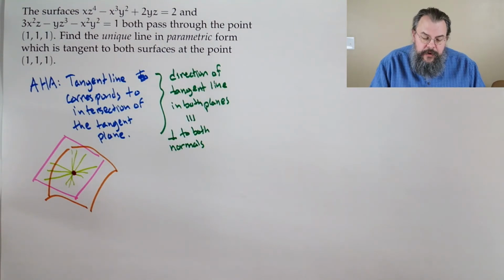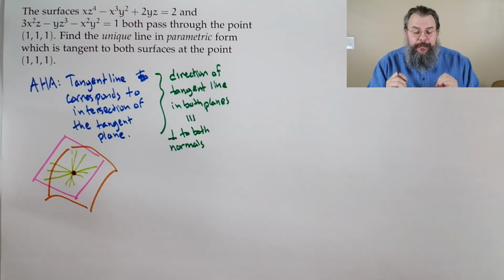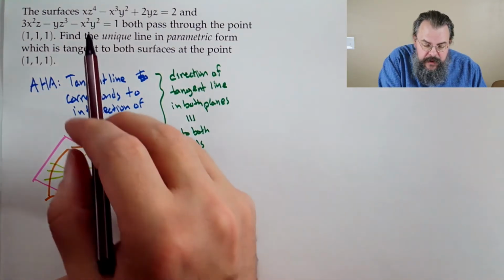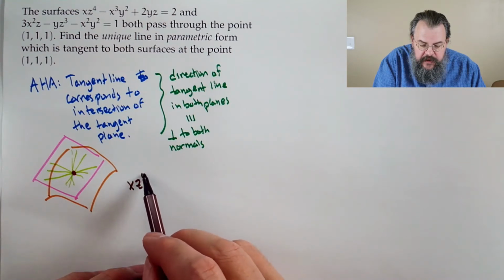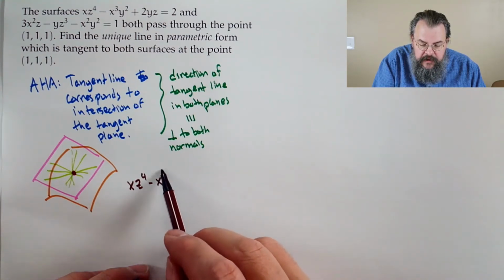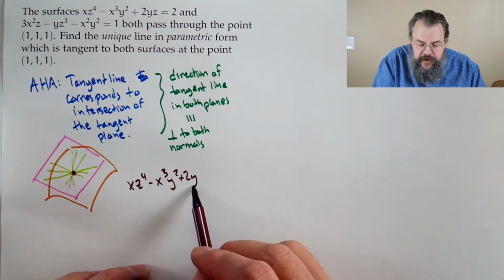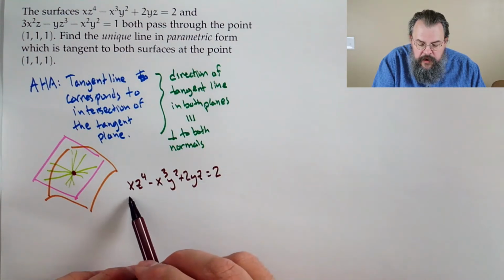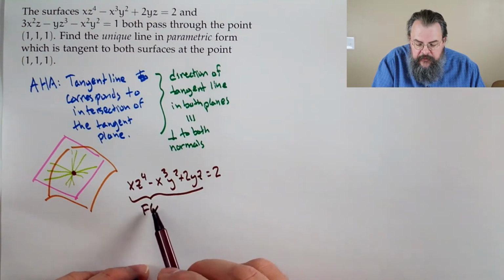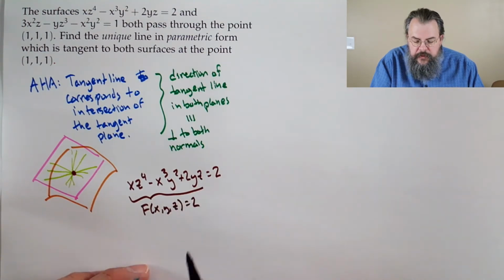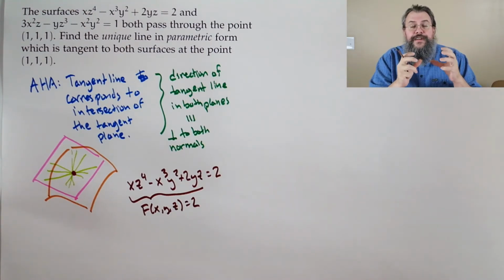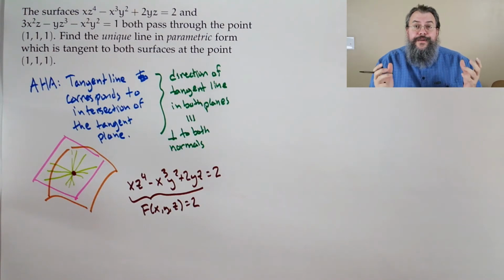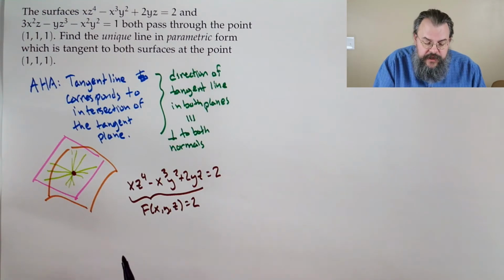We're actually in really nice shape, because we have our functions here. I'll write the first one down: x z to the fourth minus x cubed y squared plus 2yz equals 2. I can think of this as f of x, y, z equals 2. Whenever I see some expression equals a number, that's good news, because we know how to find the normals in that situation.